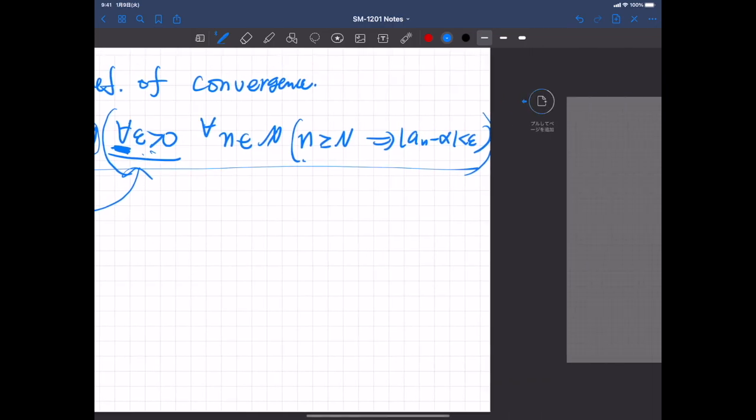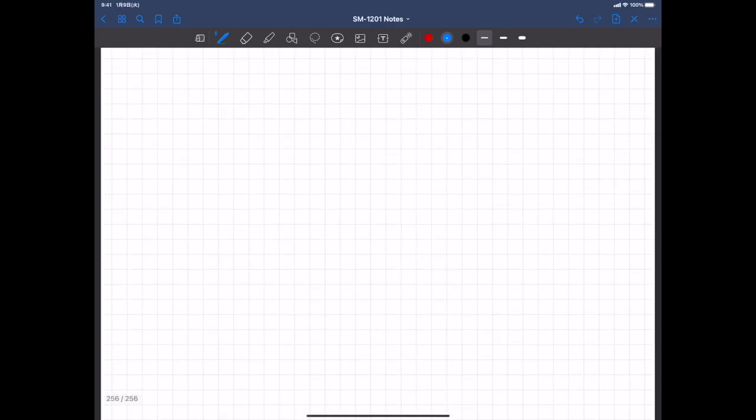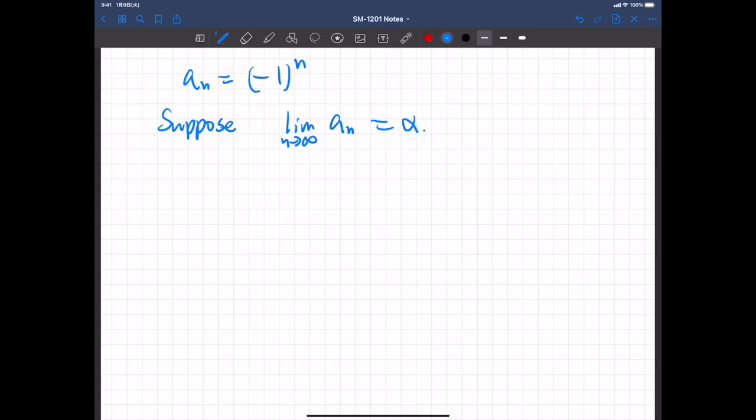In the next example, we prove that the sequence defined by (-1) to the power of n does not converge based on the epsilon-N argument. To show this doesn't converge, assume it does converge. So we prove by contradiction. Suppose the limit of this an is alpha.